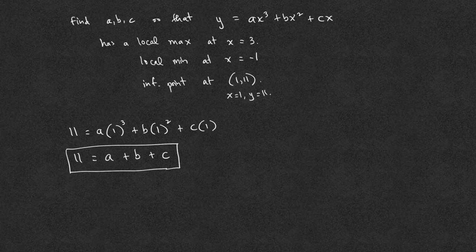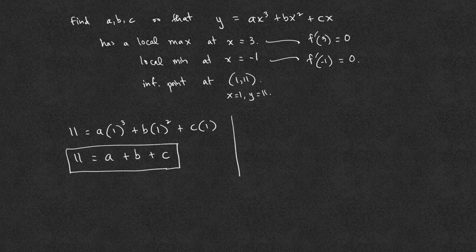The fact that f has a local maximum at x equals 3 means that f prime of 3 must be 0, and f has a local minimum at x equals -1 means that f prime of -1 is 0 as well, using Fermat's theorem.